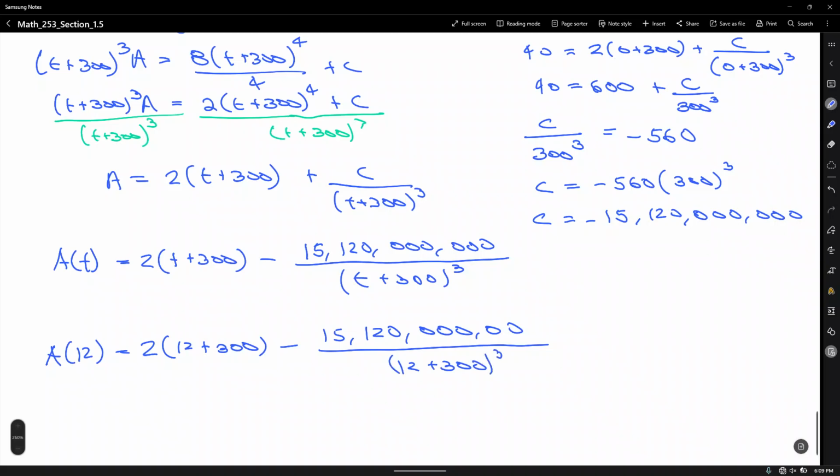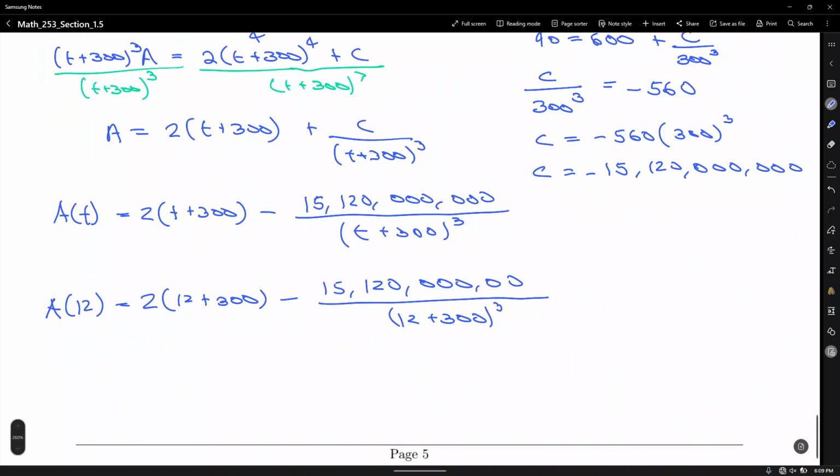Just use your calculator to evaluate this. This is going to be approximately 126.12 pounds of salt. All right, that's the final answer. Finally.